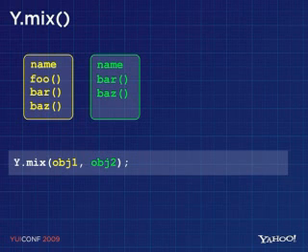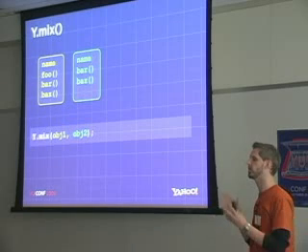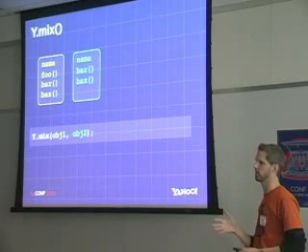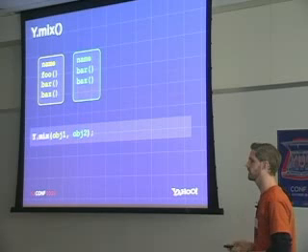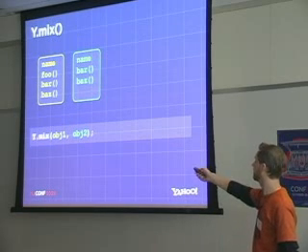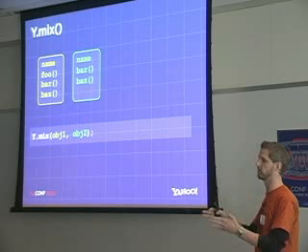You'll notice that the name property that both of these objects share remained the same on object 1. That's because by default in mix, if there are duplicate values on both the sender and the receiver, the receiver's value is preserved. It's only new values from the sender that get copied over to the receiver. Does it return anything? Mix does not return anything. No, it just augments the receiver.